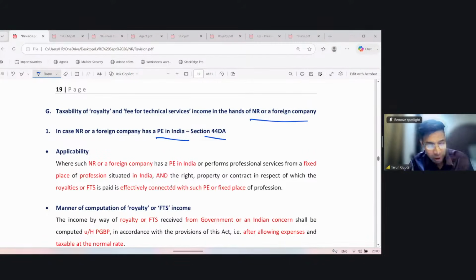And Section 44DA says, where such non-resident foreign company has a PE in India or performs professional services from a fixed place of profession situated in India, and the right, property or contract in respect of which royalty or FTS is paid is effectively connected with such PE or fixed place of profession. So, if the royalty or FTS is connected with the PE, permanent establishment of the foreign company or non-resident in India, then Section 44DA applies.